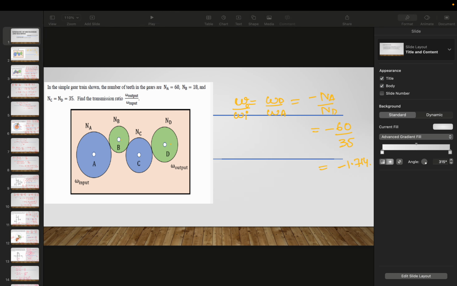Let me check if I can use a pointer here.